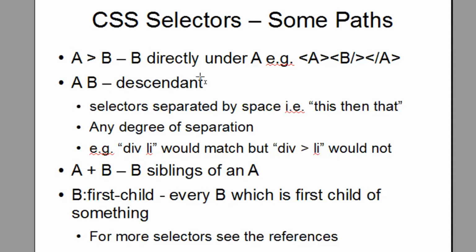I'm going to show you some examples of this in a minute. We can search for children, either directly under or at any point in the family tree. And we can do searches for siblings, so A plus B, where B is a sibling of A. And we can also do B colon first-child, which matches the first child of B.